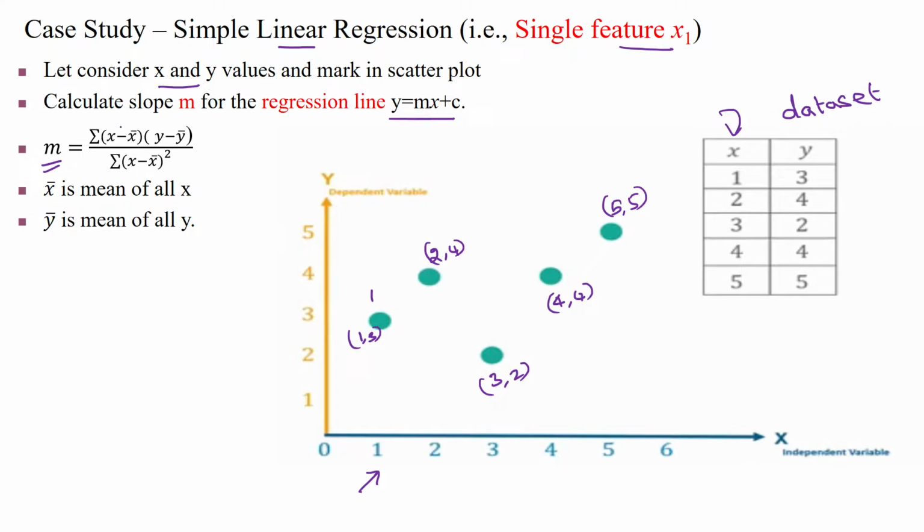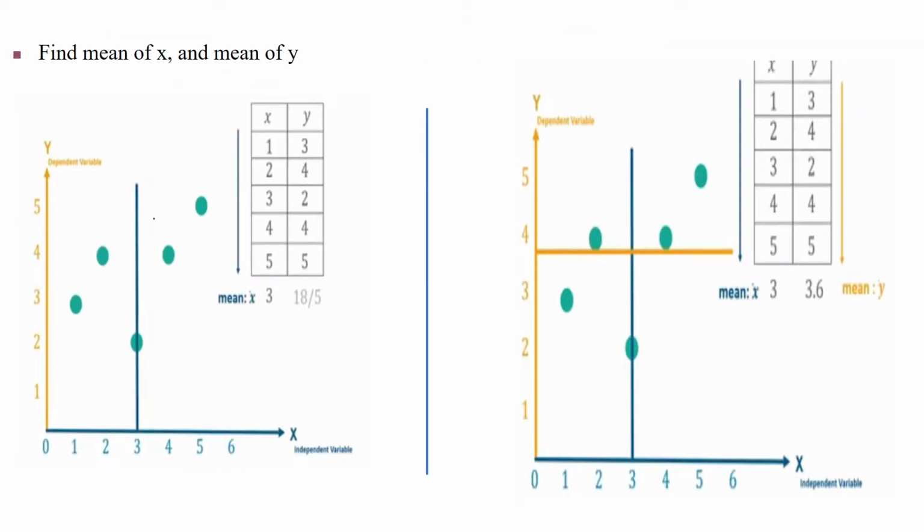The slope equation is the summation of x minus x mean into y minus y mean, divided by the summation of x minus x mean whole square. When you apply the calculation, you will get mean x as 3 and mean y as 3.6.